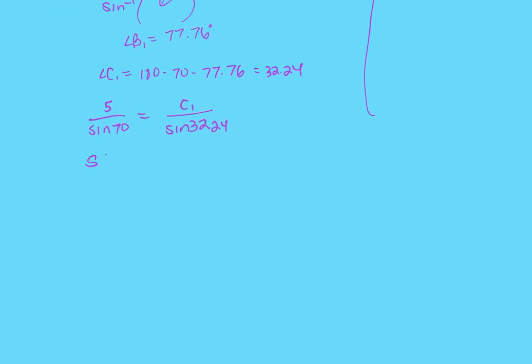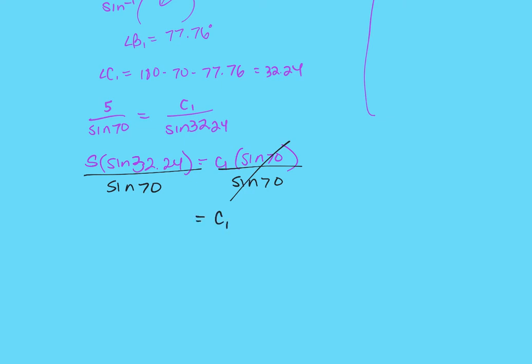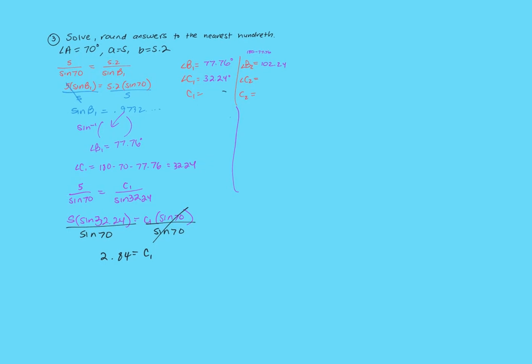Then we cross multiply and divide. So 5 sine 32.24 divided by sine 70, and I get side C1 at 2.84. So I've got all of triangle 1 complete.